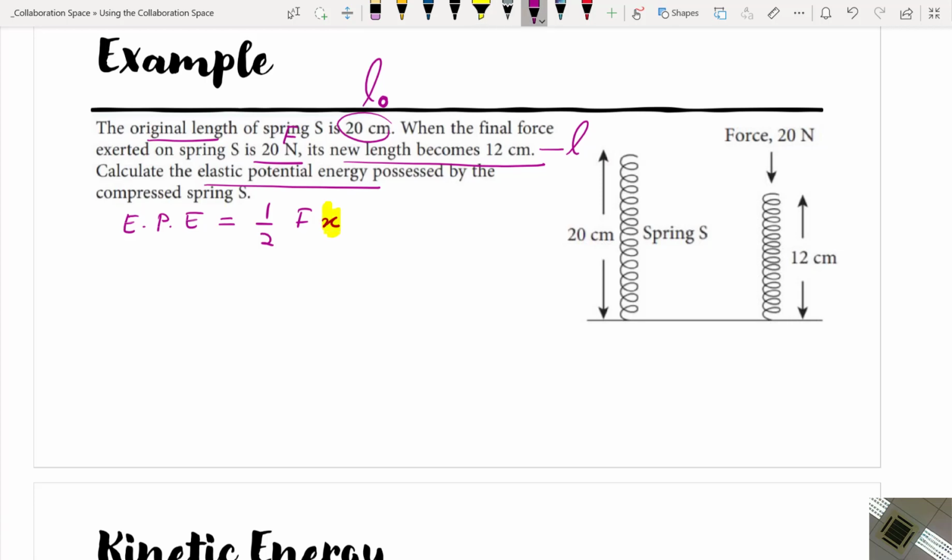So what's the x? So find x first. In order to find x, x equals to length original minus new length. Original length is 20 cm minus 12 cm. So that gives us 8 cm.